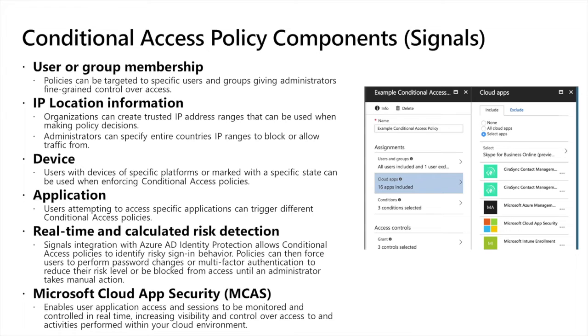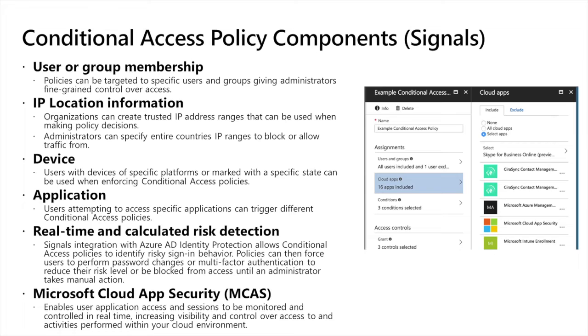But you can also have policies for unmanaged devices as well. So for example, if you've got guests coming in on your environment, let's say in Microsoft Teams, you might want to have a conditional access policy for them. If the user is using a specific application, also the real-time risk detection is calculated as well, based on those settings that I just showed you a moment ago.